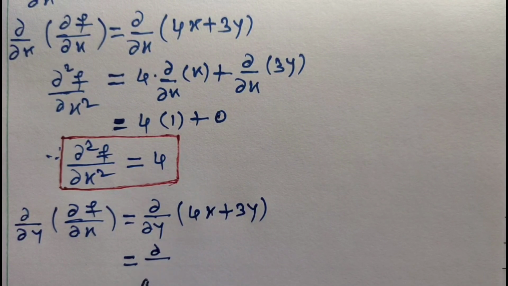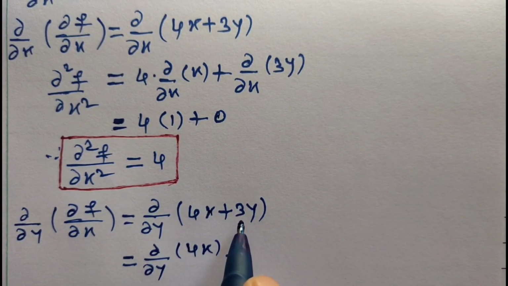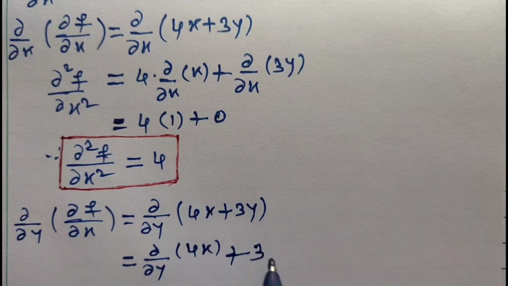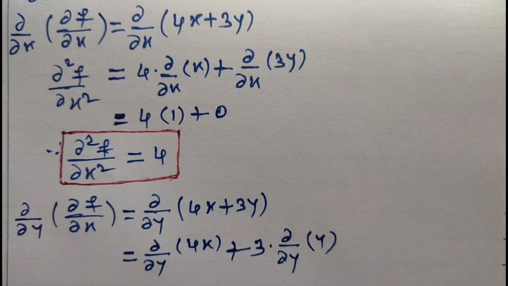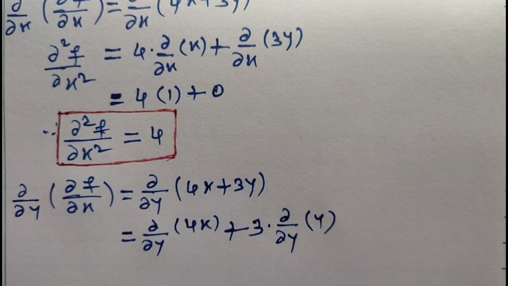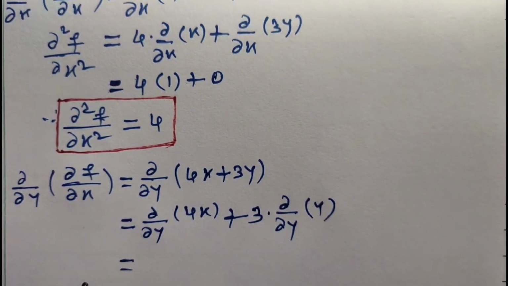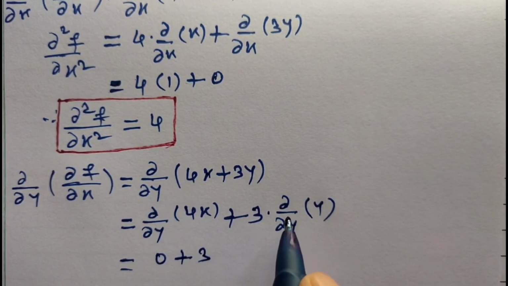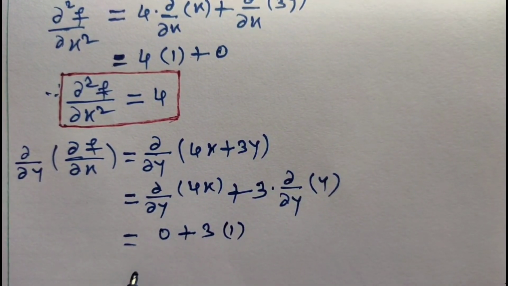Partial derivative with respect to y of 4x plus, 3 becomes a constant coefficient, we can take it out, and then partial derivative with respect to y of y. Again using the same formula, 4x is constant, its derivative with respect to y will be 0, plus 3 into partial derivative of y with respect to y, this is 1, so this is equal to 3.